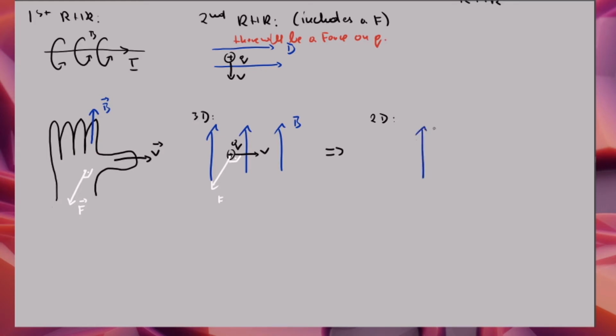So the magnetic field points up, like this. Here's B, and then you have Q, and the Q moves to the right, speed v. Then you could indicate the direction of the force by putting a little dot.